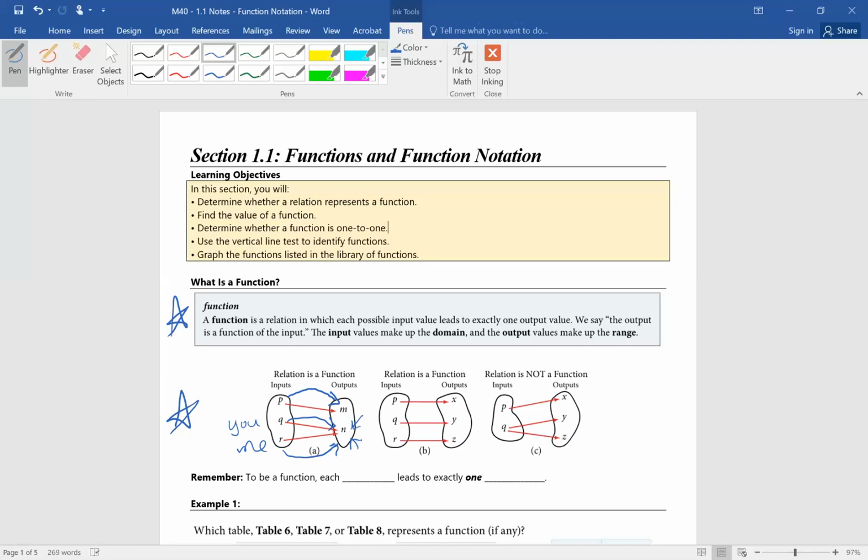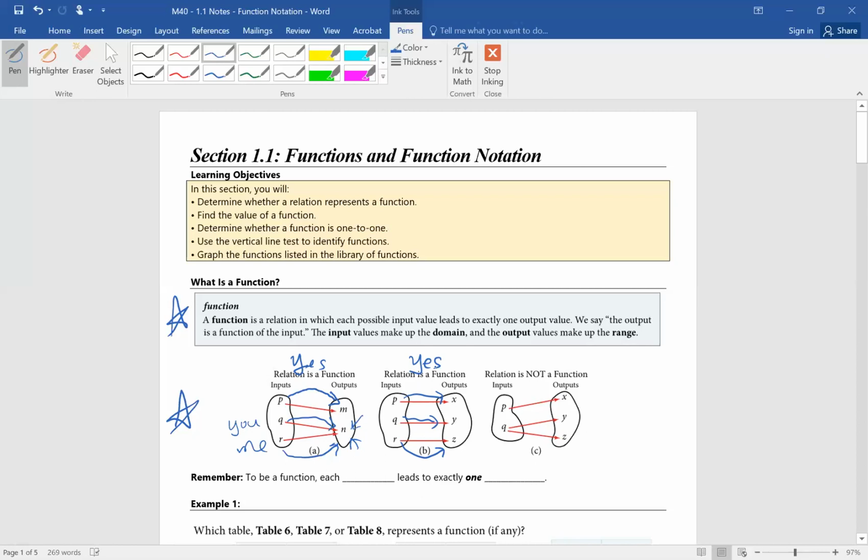Just like there are more buttons on a soda machine, where you can plug in $1 and get out a Coke, and you can plug in 4 quarters and still get out a Coke. The basic thing driving this is that you only get out one thing. In example B, plug in a P, you get X; Q, you get Y; R, you get Z. Again, for every input, there's one output. So yes, it's a function, and so is this one.